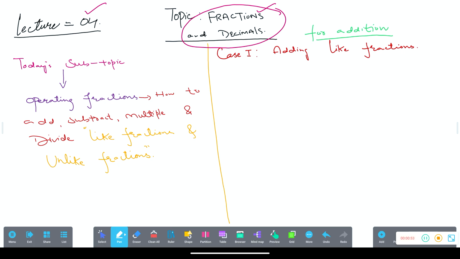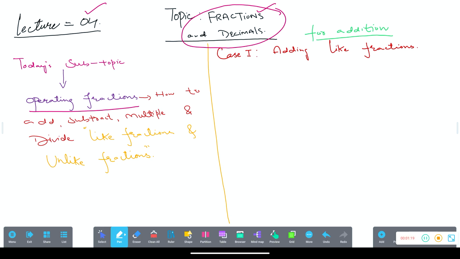If you revisit the first lecture of this series, you will find that we started this chapter with terminology, and there was the subtopic of fractions, that was operating fractions. So today's subtopic of the first part of this chapter, that is fractions, is operating fractions.